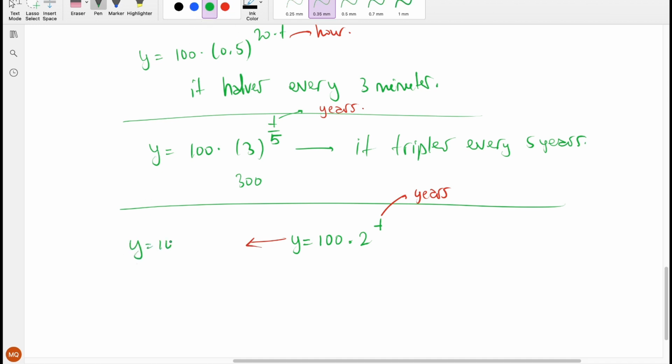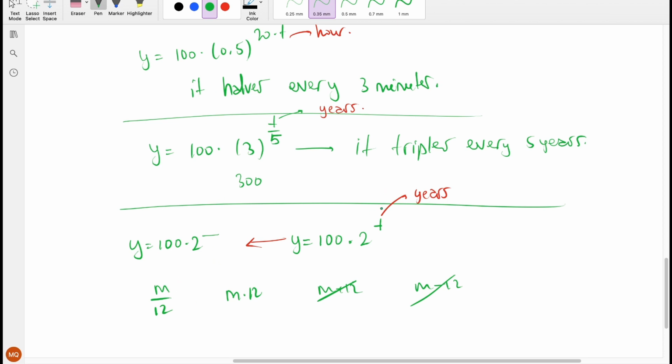Y is equal to 100 times 2 to the power of, okay, here in an exam or question you will see options like m over 12, m multiplied by 12, m plus 12 and m minus 12 probably. This one is wrong. You can cross it.